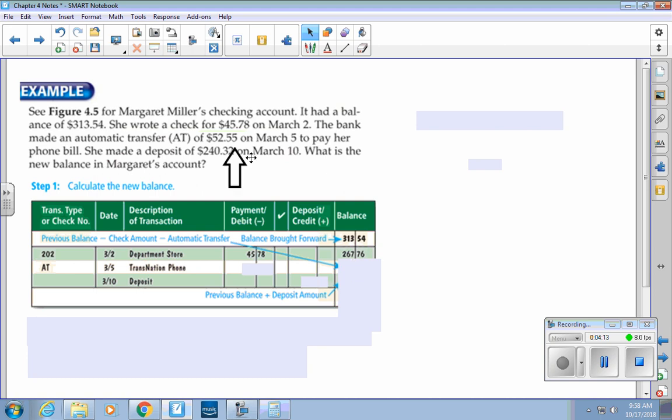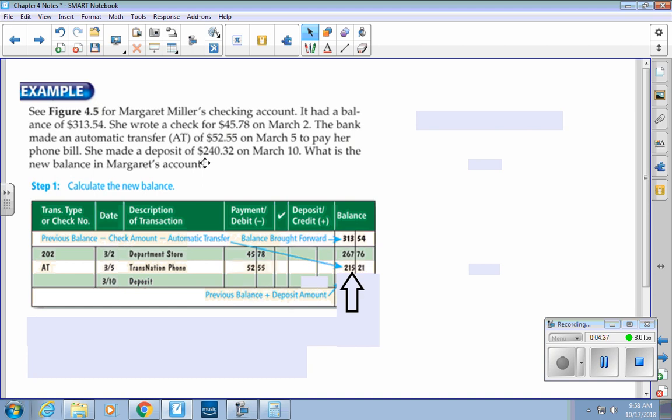Then the next thing that happens is the bank made an automatic transfer for that phone of $52.55. And then we subtract that from our $267.76. So this amount minus $52.55 is $215.21.